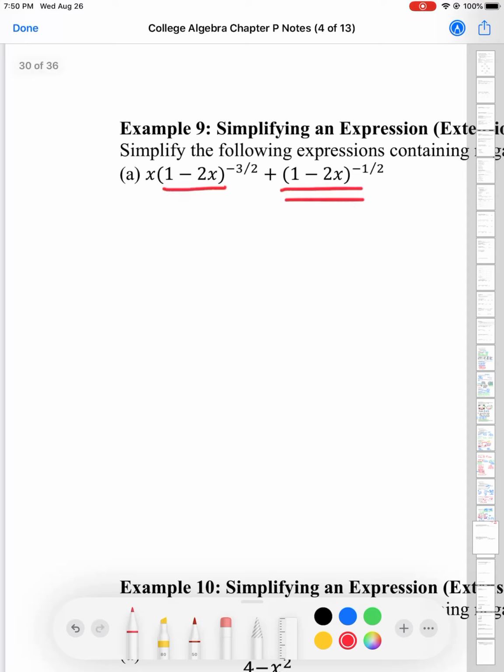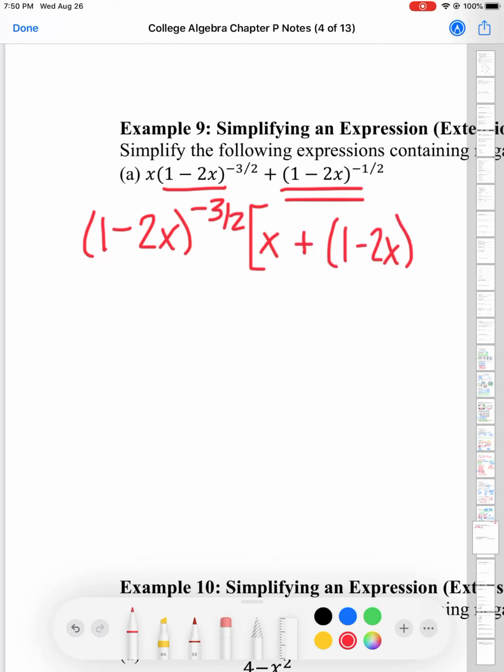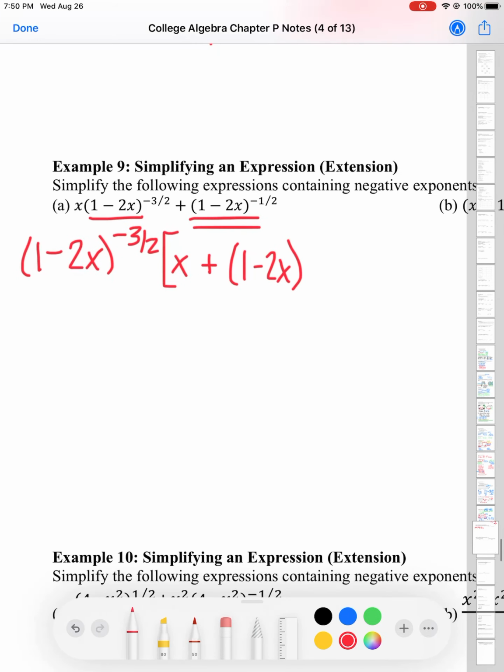Here, -3/2 is definitely my smaller exponent. So I'm going to factor out (1 minus 2x) to the -3/2. And I'm left with x plus (1 minus 2x) to the, so if I have -1/2 minus -3/2, that gives me 2/2, which is 1.